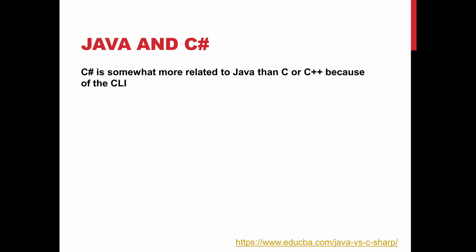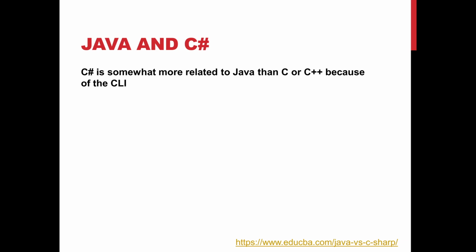Now, really what we have is a syntax like C, object-oriented programming functionality like C++, and a runtime environment where, in order to run the application, we're running it inside of a virtual machine or the common language runtime.